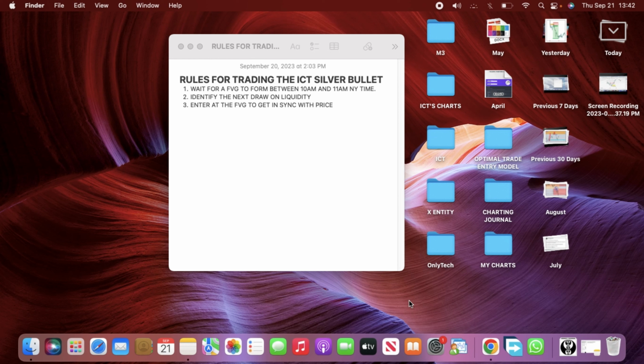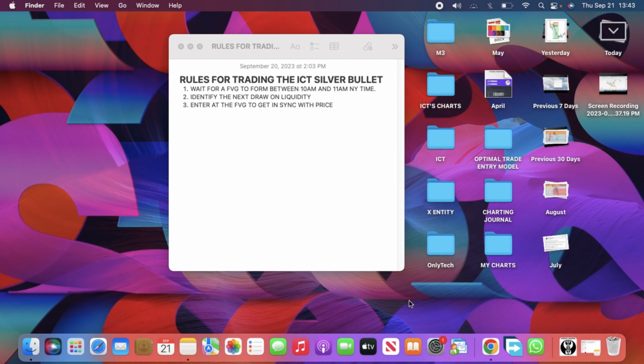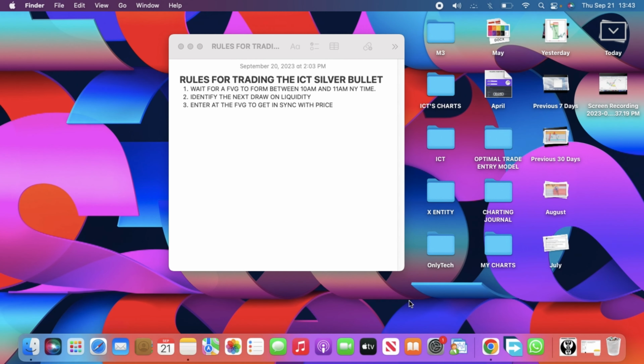If it's going higher, it's obviously trading to a premium, so you look for premium discount arrays as your draw on liquidity. Number three, you enter at the fair value gap to get in sync with price. After price forms the fair value gap and you've identified the draw on liquidity, you enter at the fair value gap to get in sync with price.